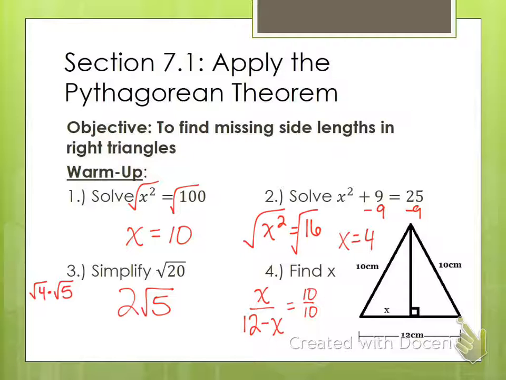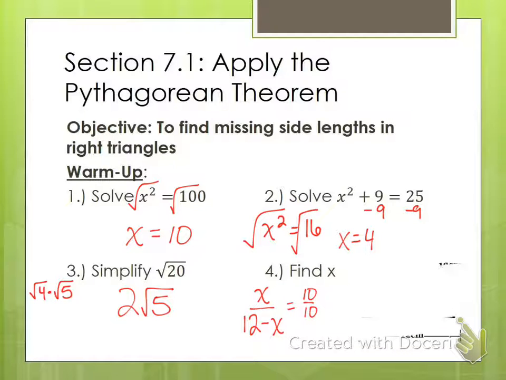I'm actually going to erase the picture so I've got some space to work that out. When we cross multiply, what would we end up with? 120 minus 10x.